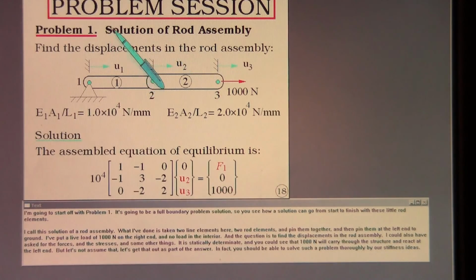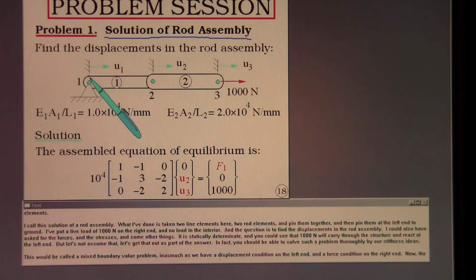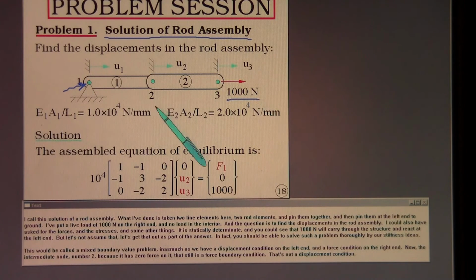I call this solution of a rod assembly. What I've done is taken 2 line elements here, 2 rod elements, and pinned them together, and then pinned them at the left end to ground. I've put a live load of 1,000 newtons on the right end and no load in the interior. And the question is to find the displacements in the rod assembly.